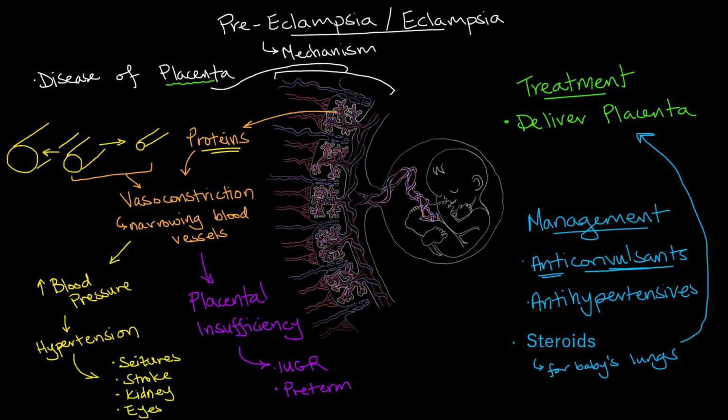The last thing I wanted to mention is that we talked in a previous video about anticonvulsants and antihypertensives sometimes being teratogenic. If you've forgotten what teratogens are, you can go back and watch those videos. Not all of them, but some anticonvulsants and antihypertensives are known to cause birth defects.